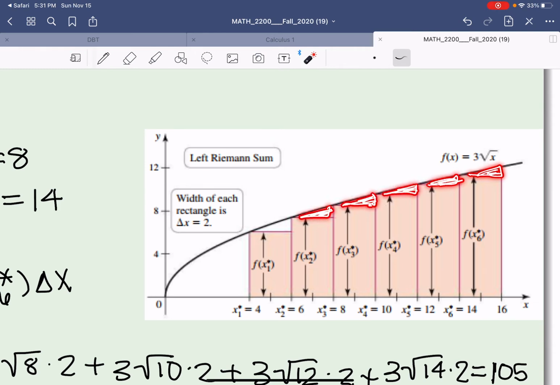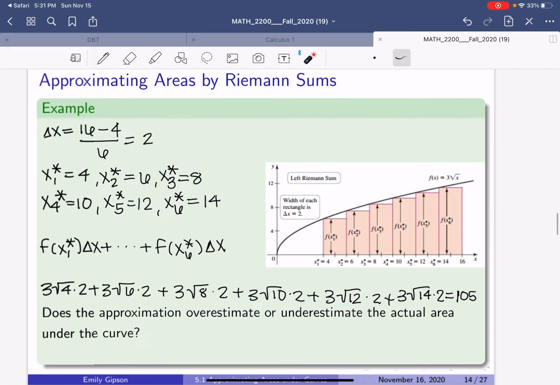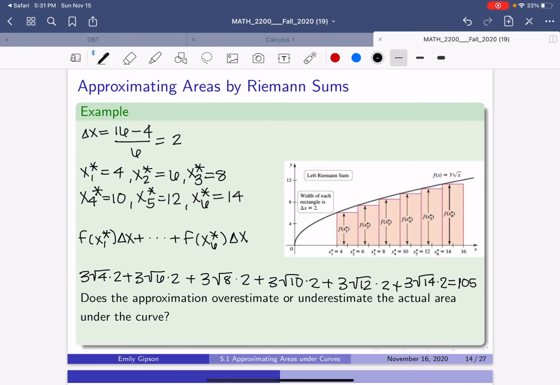It doesn't fit my curve perfectly. So there's something that my rectangles aren't capturing, which means that this is going to be an underestimate. So it's safe to say that the actual area under the curve is greater than 105.